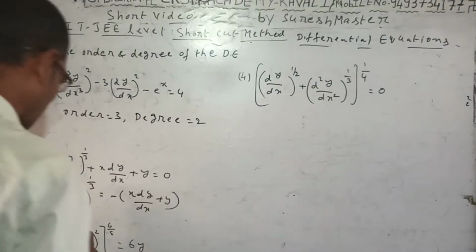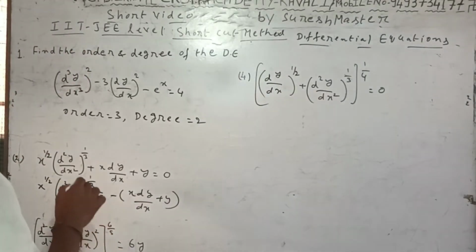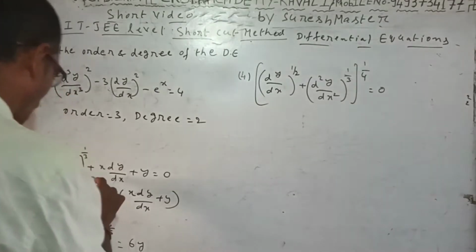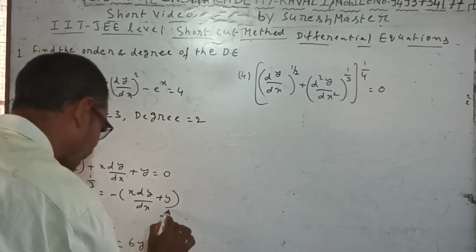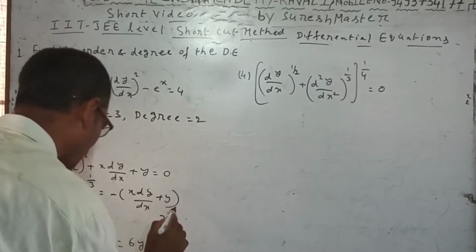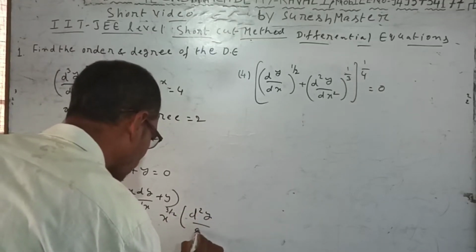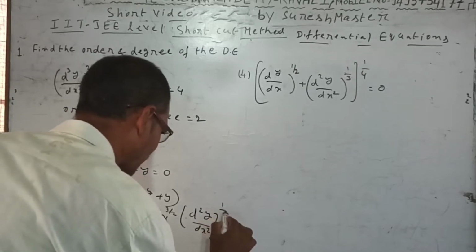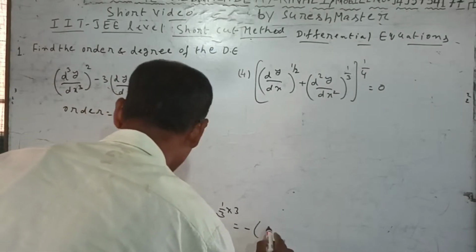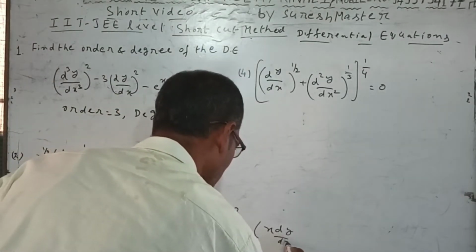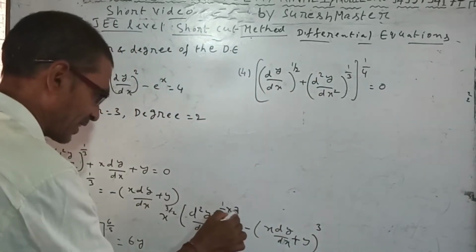We do cubing on both sides, we get x power 3 by 2 (d square y by dx square) power 1 by 3 into 3 equal to minus of (x dy by dx plus y) whole cube.